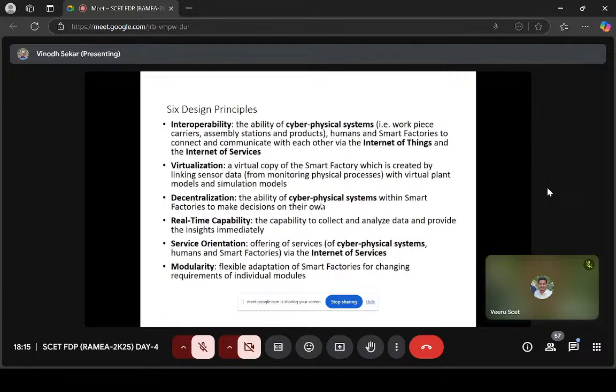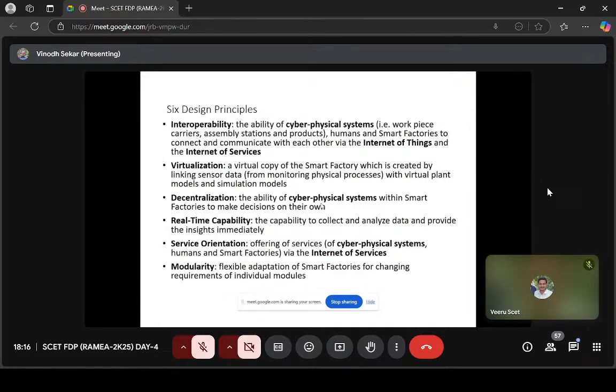Some of the design principles for a smart system, starting from interoperability, which is the ability of CPS and the human workforce in the smart factories to establish connectivity and communication through IoT and IoS. And virtualization, which tries to create a virtual scenario of the smart factory by linking the sensor data with the plant and the simulation modules. The third is decentralization, which is the CPS ability within the smart factories to facilitate autonomous decisions.